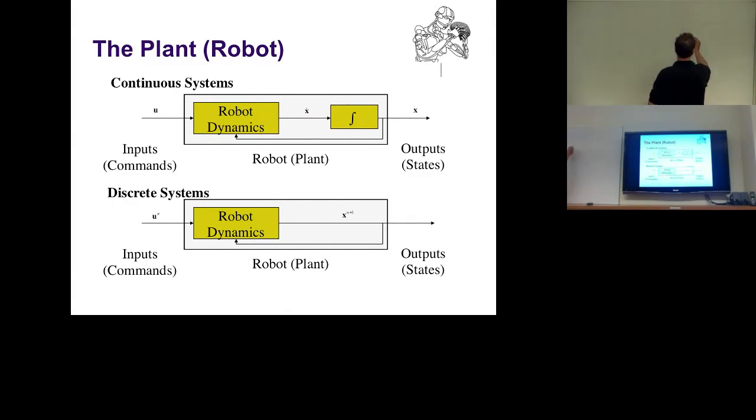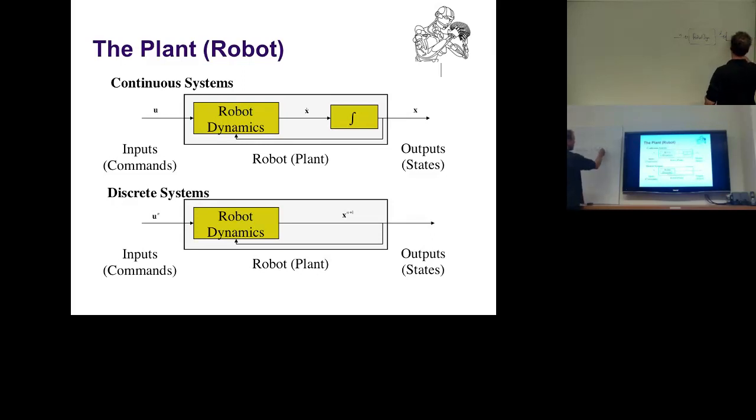So we have here essentially the robot dynamics. What does the robot dynamics get? It basically gets an input U, and then it responds to that with a change of state, which we usually call x dot. So x is the state, and x dot is the change of state. In order to figure out where the robot will be in the future, you need to integrate this change of state variable, and that is usually done here with an integrator.